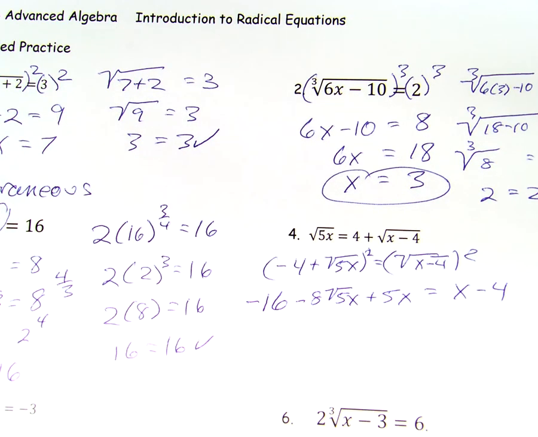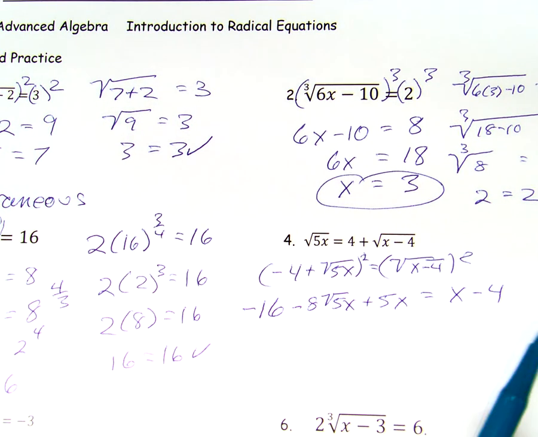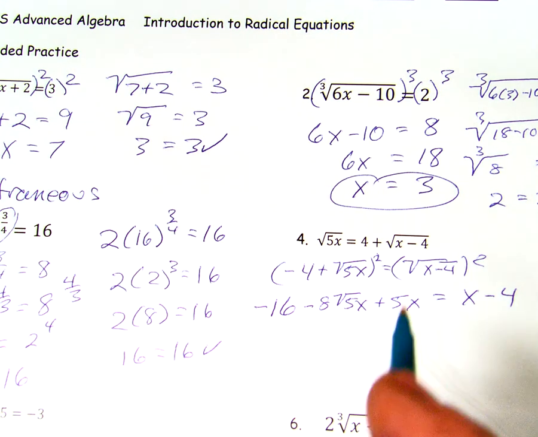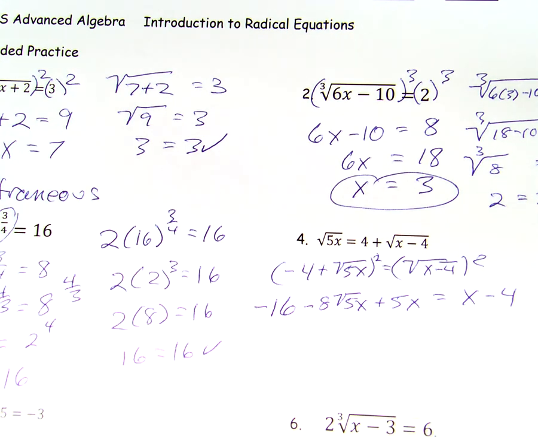All right. So now I want to combine some like terms here. And I'm going to get everything over on one side. I'm going to get this x and this -4. All right, so I add 4 to both sides.